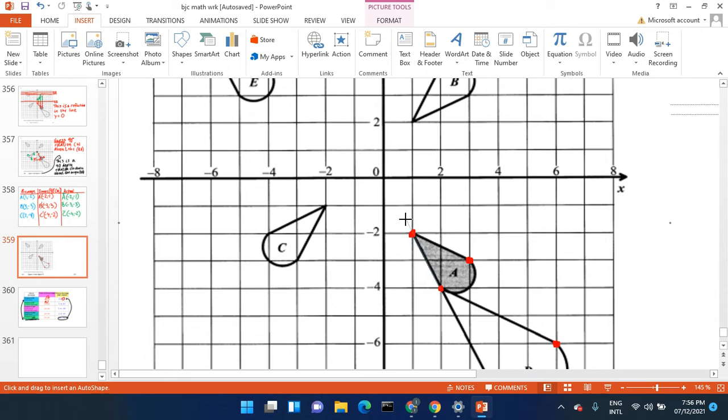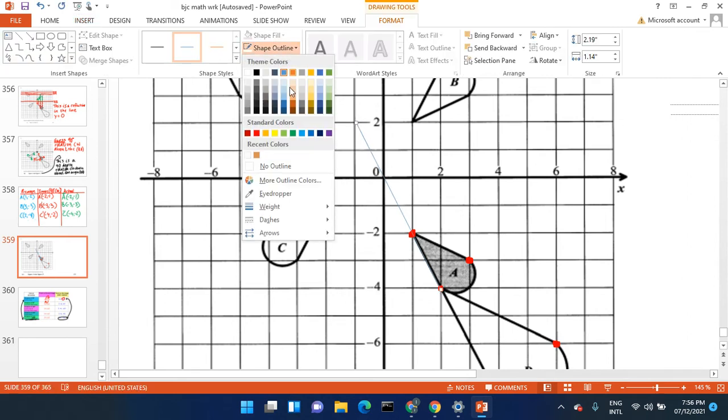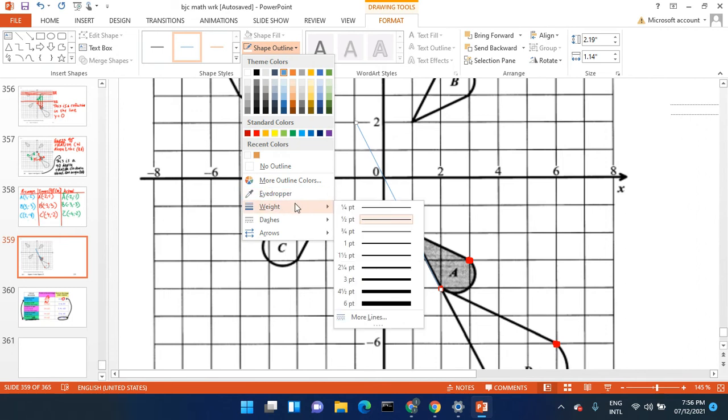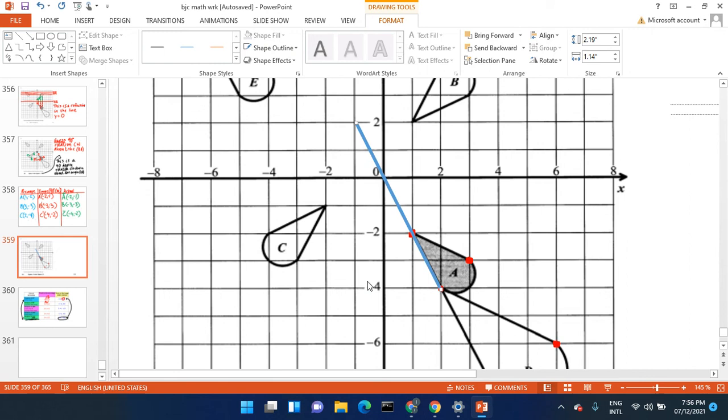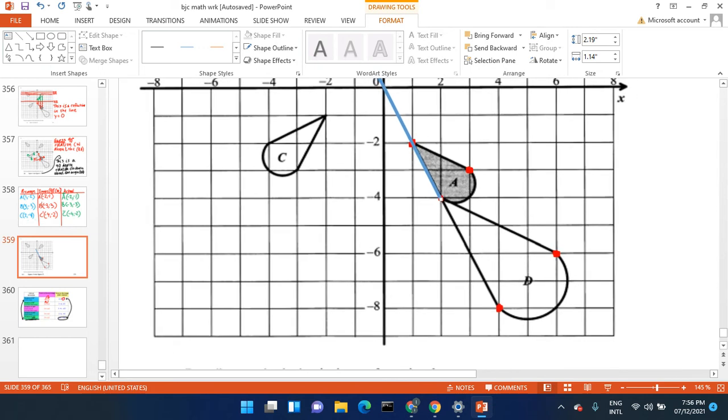I assume it's the origin, so let's just say it's the origin and see if it works. Let me put some more weight on this line. Good, that's enough weight. Next we need to take another line and connect it.